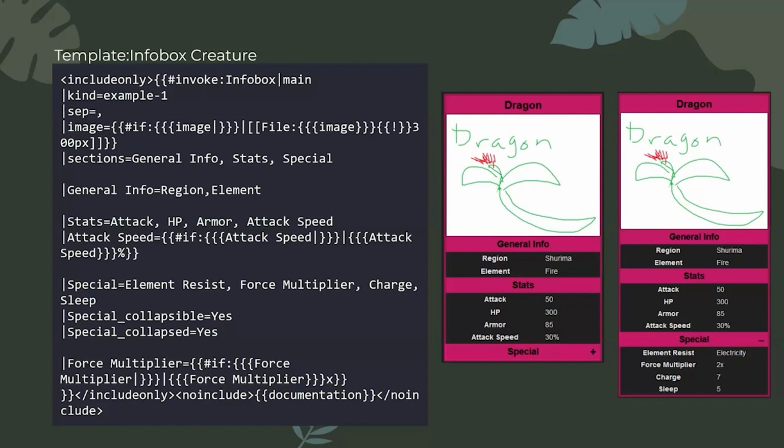And the goal is to make it easy for wiki administrators who aren't necessarily developers to write their own infobox templates in a relatively straightforward way with a lot of functionality built in, and also in a way that is very extensible for admins who do know how to code and do feel comfortable editing code.